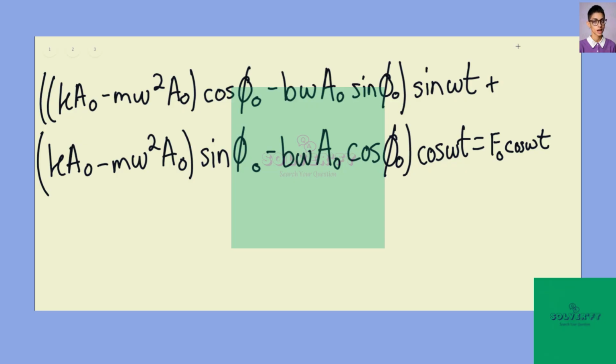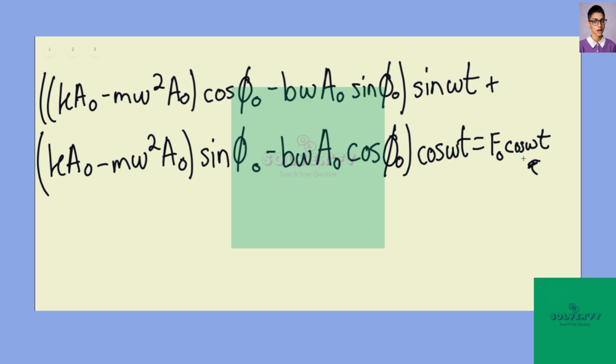Since there is no sine omega t term on the right side of the equation, this means that the coefficient of sine omega t must be 0. So this coefficient here must be 0 because there isn't any term on the other side.